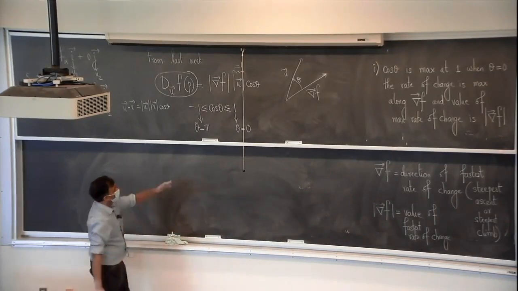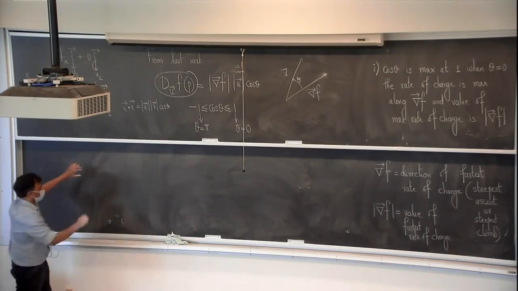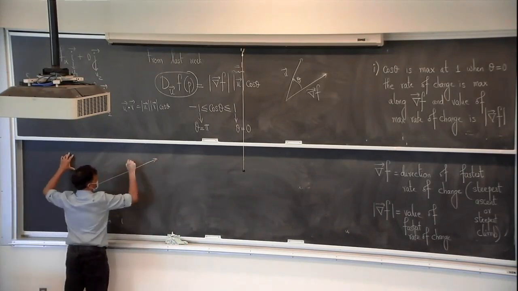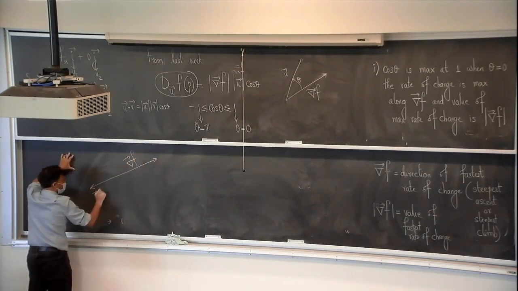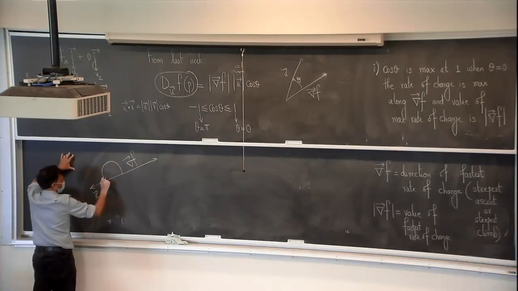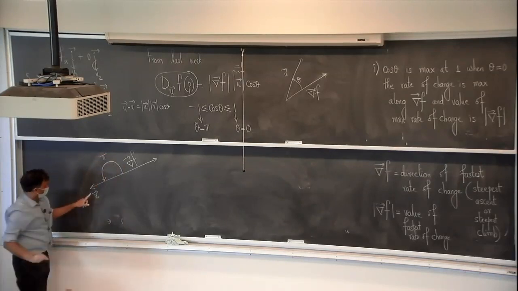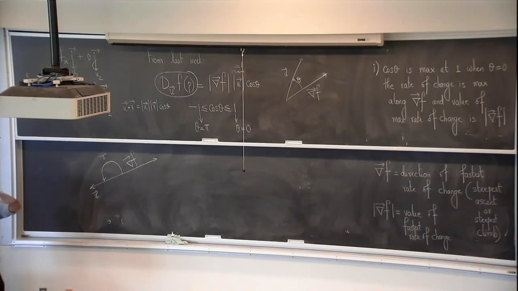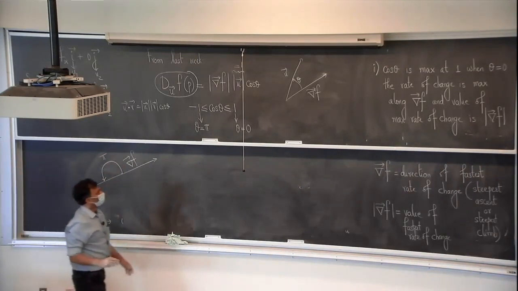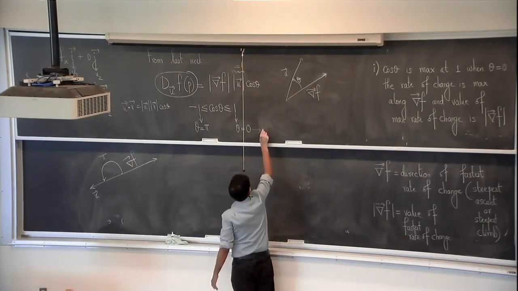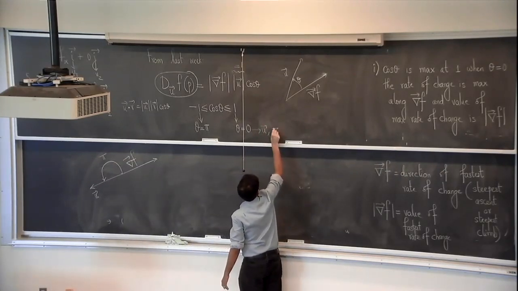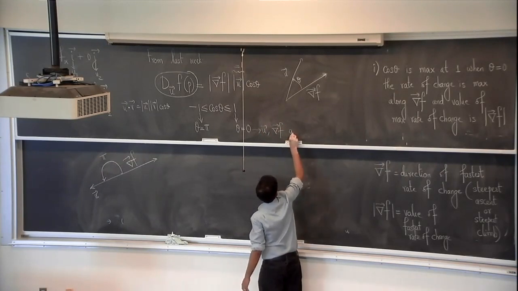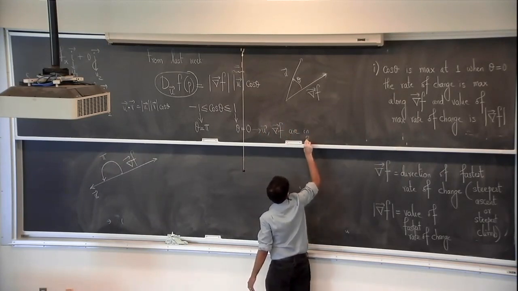Similarly, come to the other side. This is the gradient of f, and you are going opposite to this, which means the angle is pi. At 0, you're along the gradient vector, u and the gradient are in the same direction.